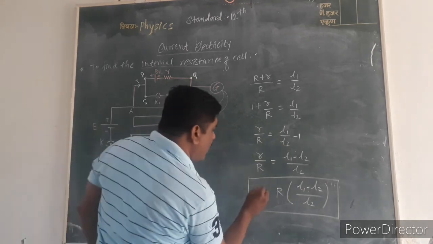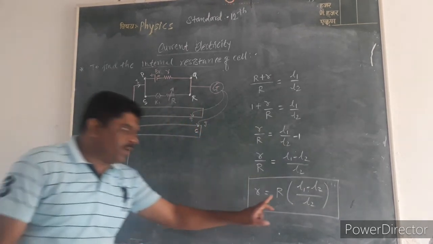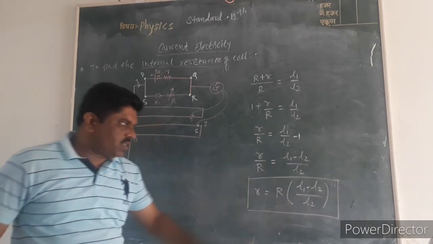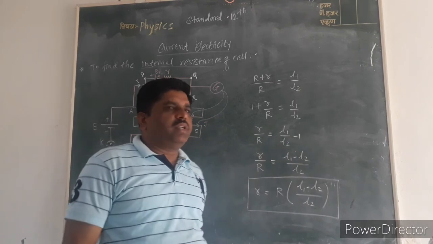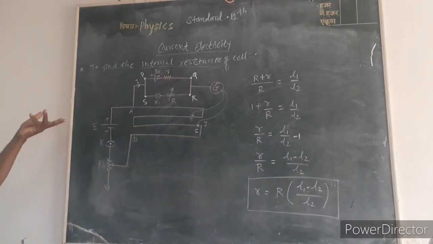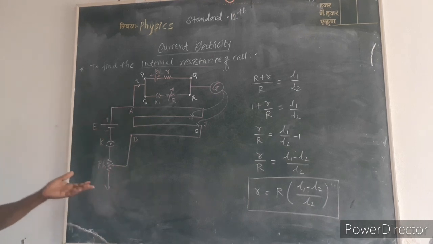Here small r means internal resistance of cell, capital R means resistance from resistor box, L1 and L2 is the balancing length between wire A to B, or in between wire AB.